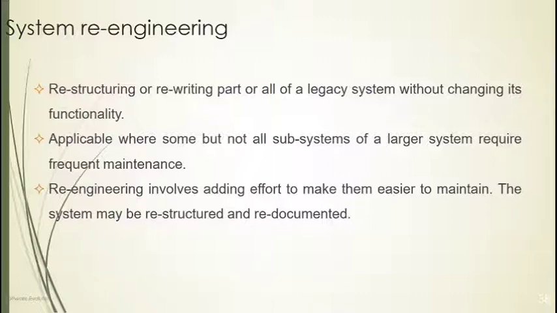It is applicable where some parts, not all subsystems, of a larger system require maintenance. Re-engineering involves adding effort to make them easier to maintain. The system may be restructured and redocumented.